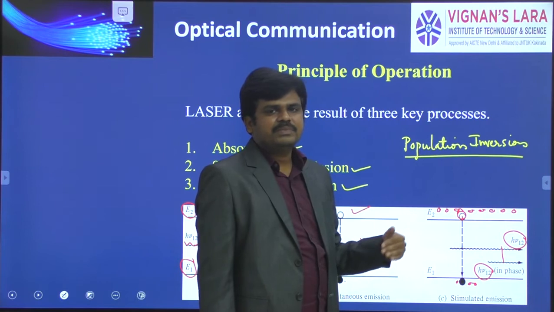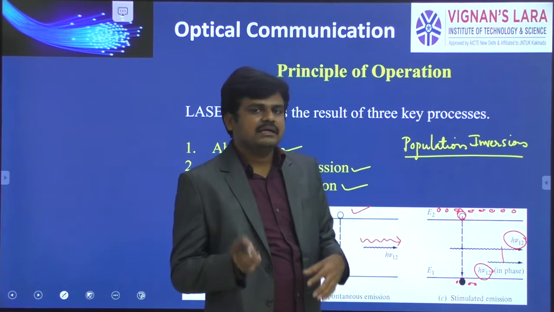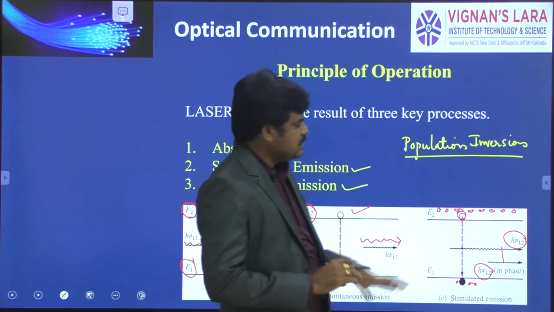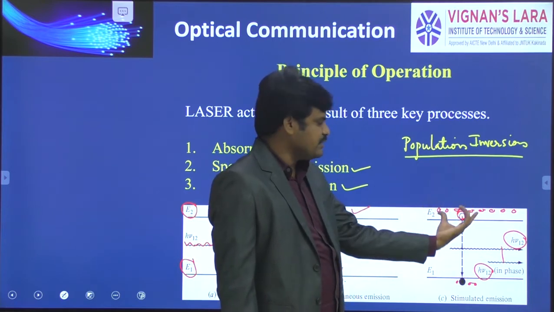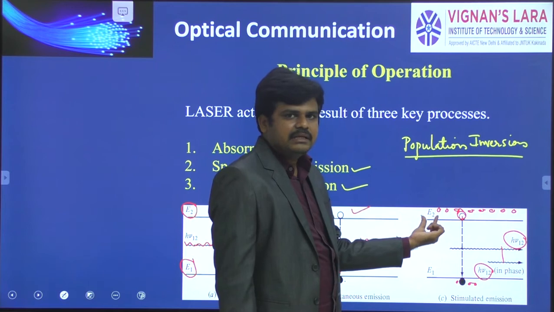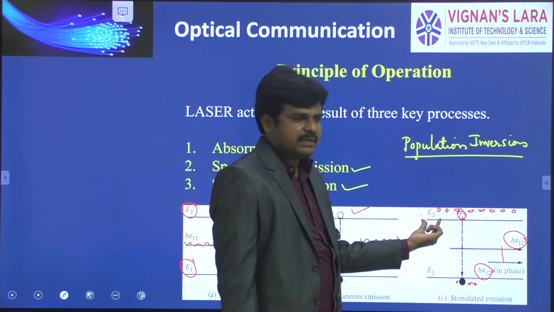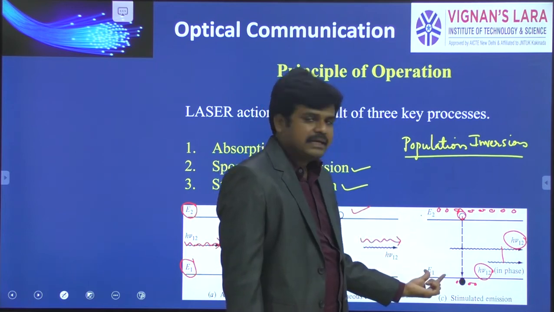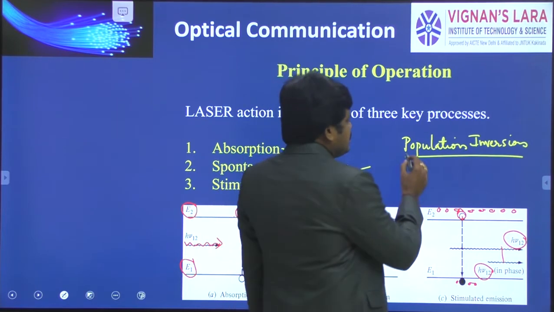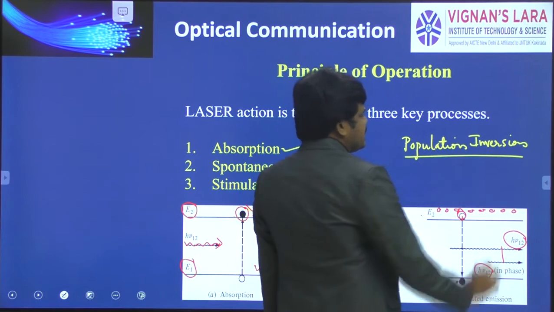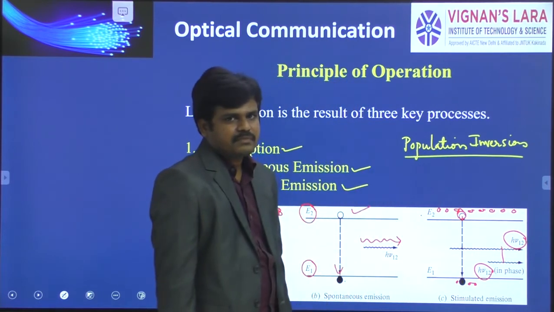It can be obtained by another technique that we will discuss later. This condition, of having more electrons in energy state E2 or the conduction band than in energy state E1 or the valence band, is called population inversion.